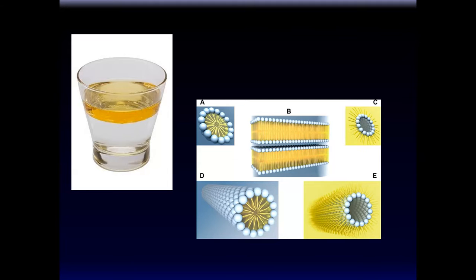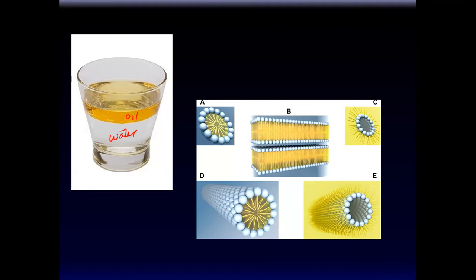So how is the cell able to accomplish this? The membrane, as you probably already know, is made of lipids, a material like oil. And you know that oil and water don't mix. So it is for this reason that the plasma membrane is able to separate itself from its surroundings.